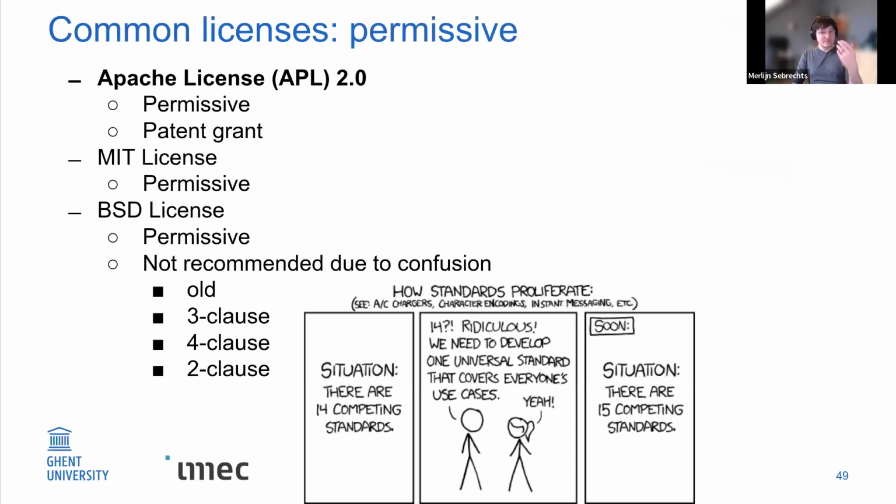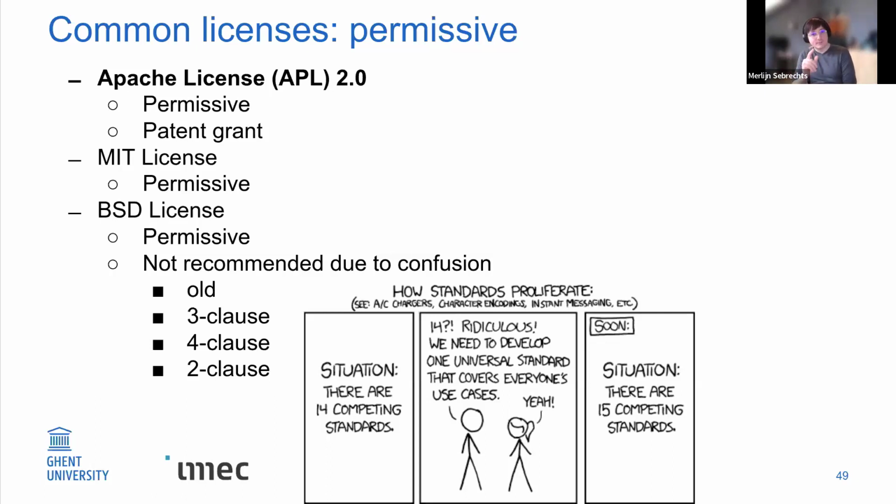So let's take a look at some more licenses in order to make this a little bit more concrete. The Apache License 2.0 is a great example of a permissive license. It is a completely permissive license, and that means that if your application uses any Apache licensed code, you do not need to open source your application. You do not need to open source your modifications to that code.